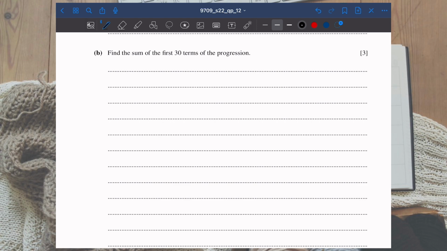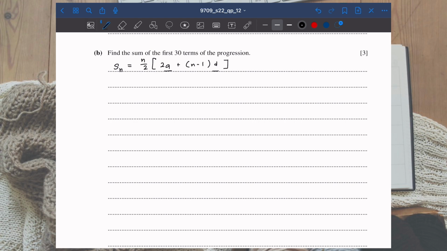Part B. Find the sum of the first 30 terms of the progression. So the sum of the first n terms of a progression will be n over 2 bracket 2a plus (n minus 1) times the difference. So we need to have our a and our difference.